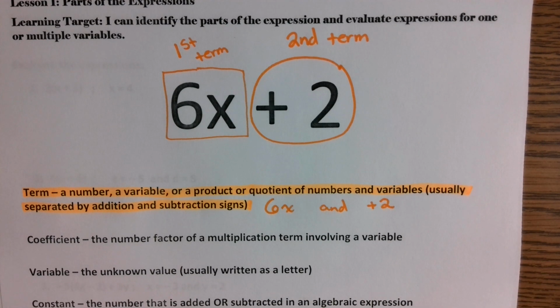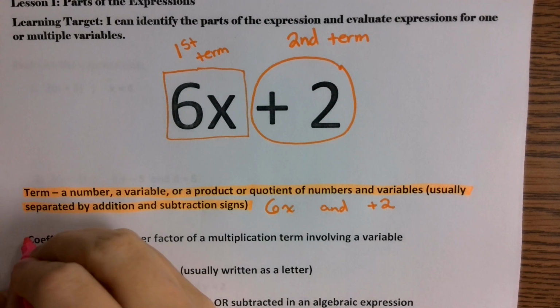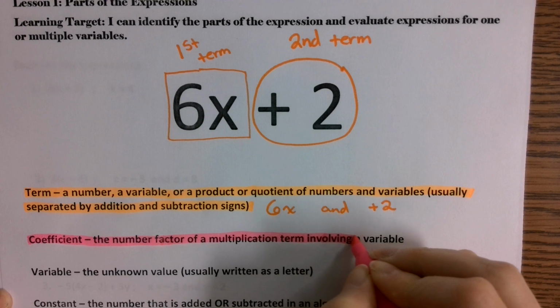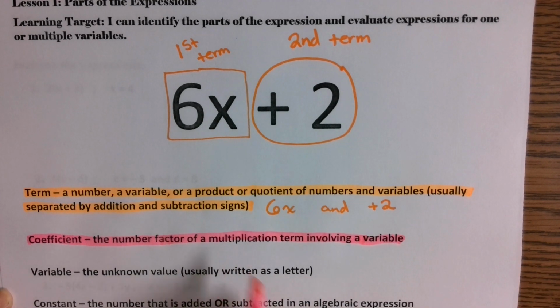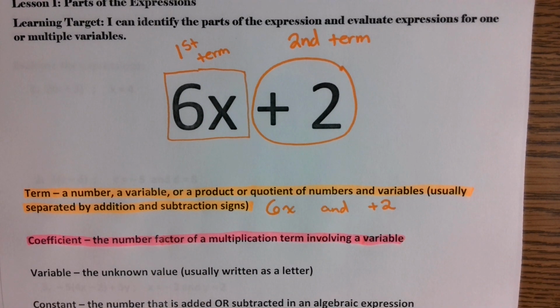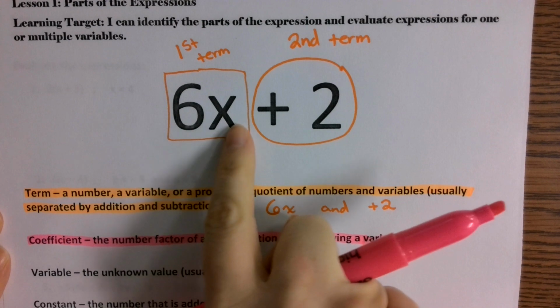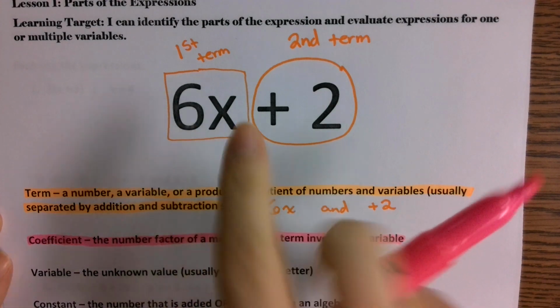Then we've got what we call a coefficient. A coefficient is the number factor of a multiplication term involving a variable. So it's that little number component that's attached or side by side with the variable. What we see here, this 6x, is the same thing as saying 6 times x.